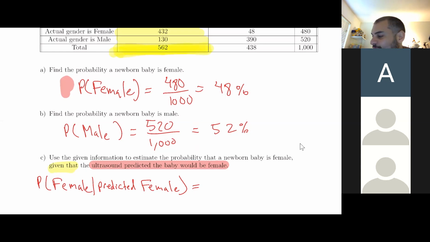So we have a total of 562 babies that were predicted to be female. And then we want to divide into how many of them were actually female. So of the 562, sorry, I put 526, should be 562, how many of them actually turned out to be female?